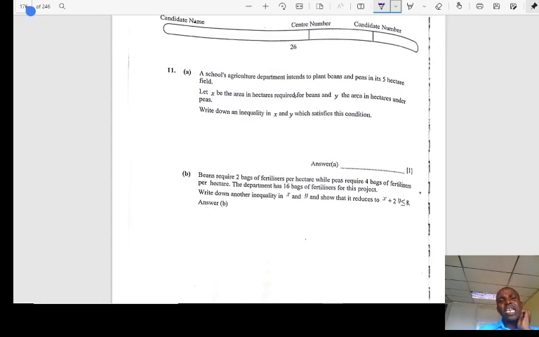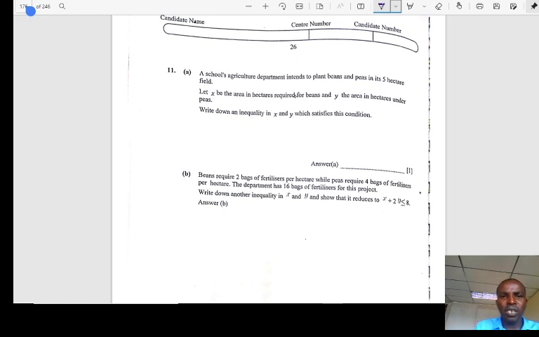Question number 11. A school's agriculture department intends to plant beans and peas in its 5-hectare field. Let X be the area in hectares required for beans and Y for peas. Write down an inequality in X and Y which satisfies this condition. So there's a limiting factor, in this case the area that is supposed to be planted with beans and peas.